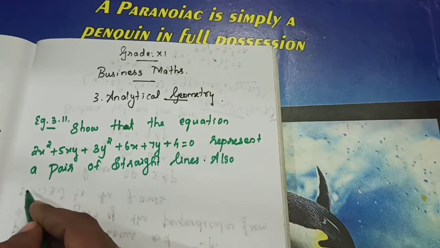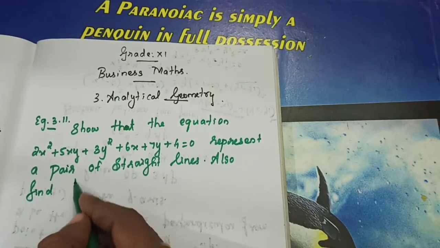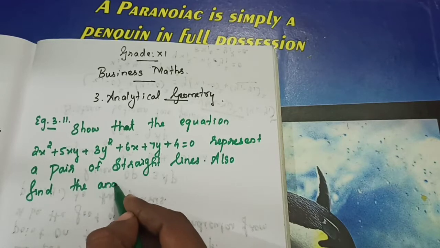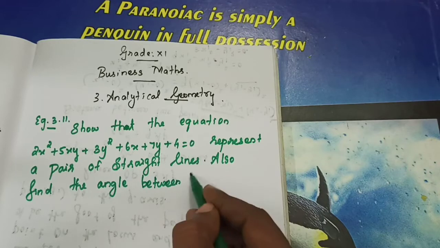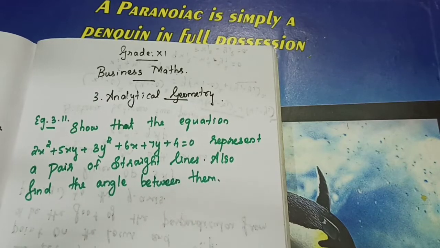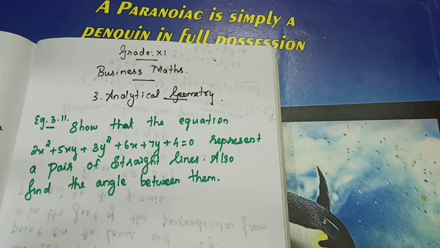Also find the angle between them. Okay, one equation is given, that's a combined equation, show that it represents a pair of straight lines. You need to find the angle between them.